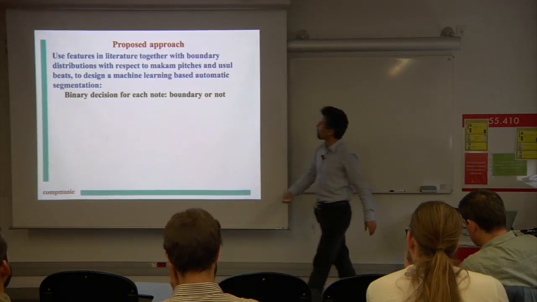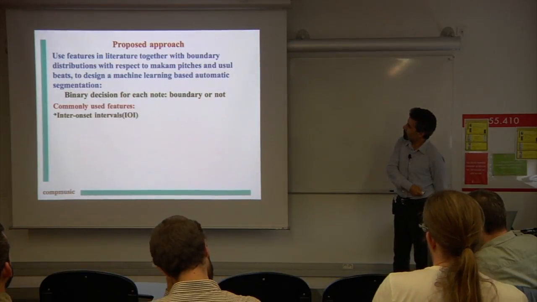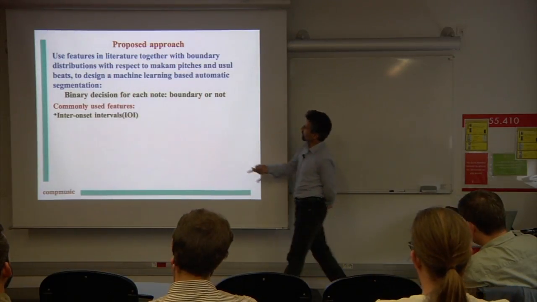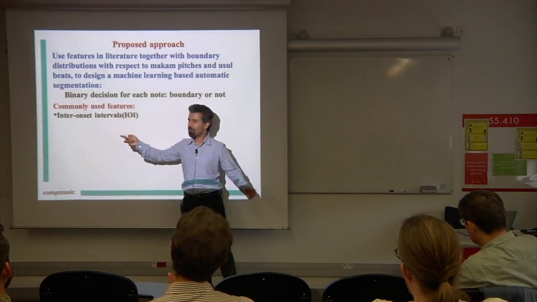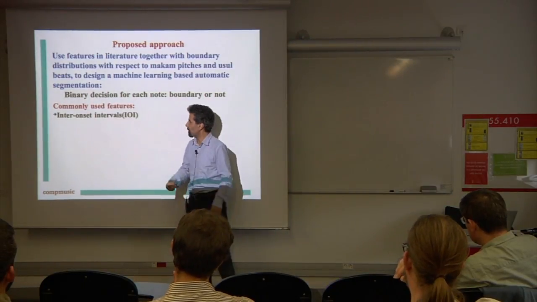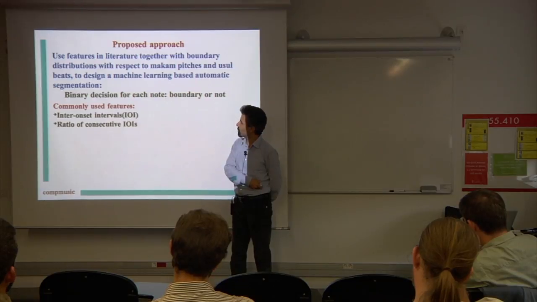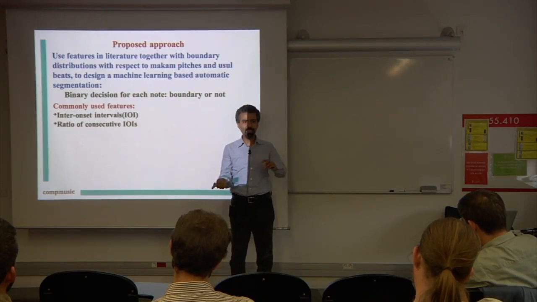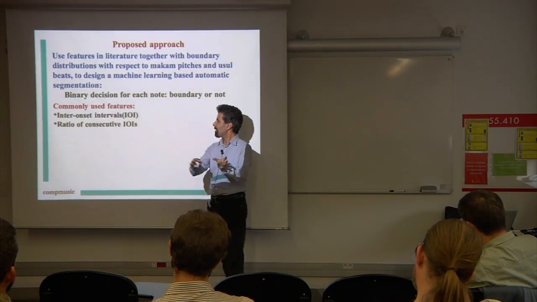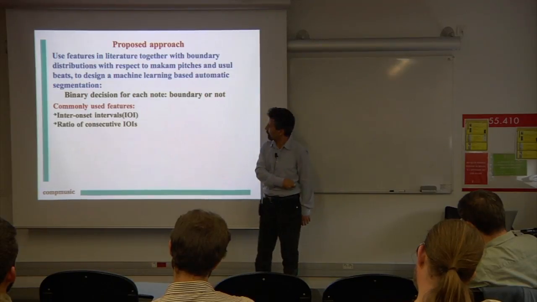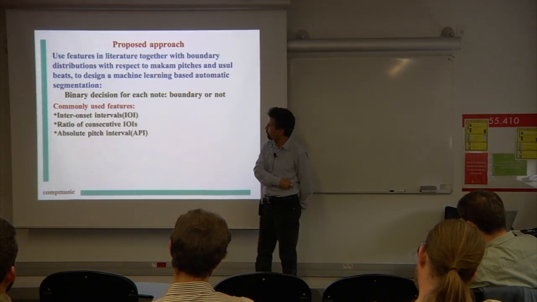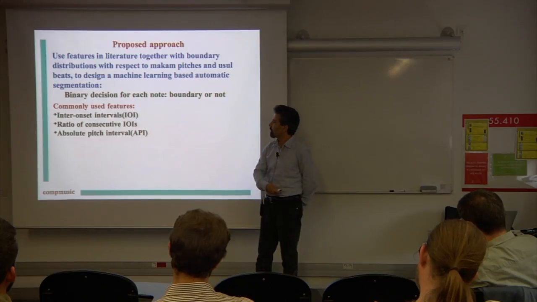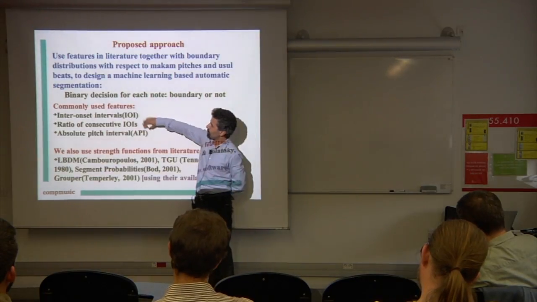And I would also use commonly used features. So onset intervals is about duration of a note, plus the pause is also included. Ratio of durations of notes to indicate sudden duration changes of notes, and also absolute pitch interval, so the pitch interval in between notes. Those are the common features in literature.